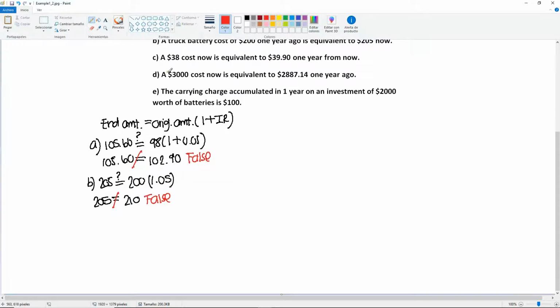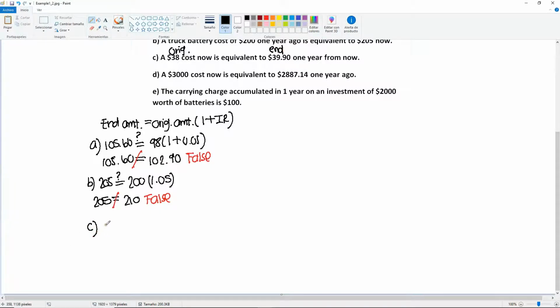Okay, so now let's go to part C. Part C, a $38 cost now is equivalent to $39.90 1 year from now. Okay, so in this case, 38 will be the original, and 1 year from now, the 39.90, will be the end.